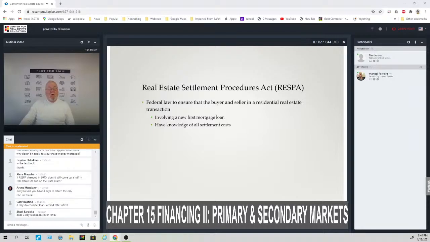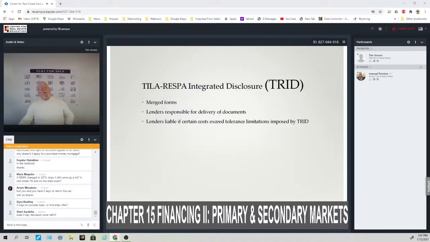RESPA involves any new or first mortgage financing, and the buyer must have full knowledge of all settlement costs. Under TRID, the Truth in Lending Act, Real Estate Settlement Procedures Act, Integrated Disclosure, TRID merges forms from RESPA and the new closing procedures.